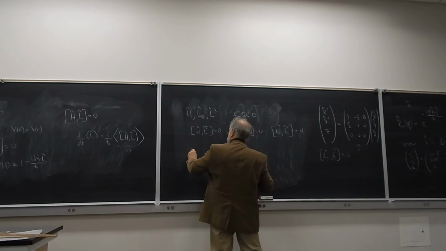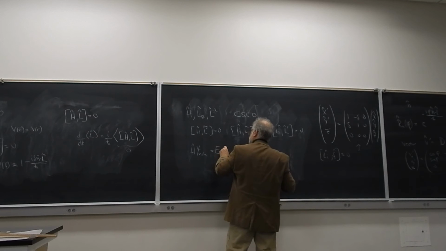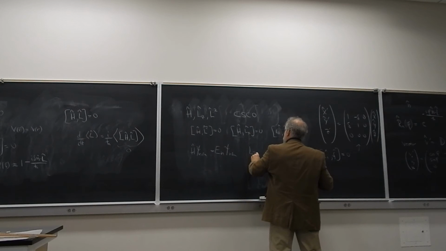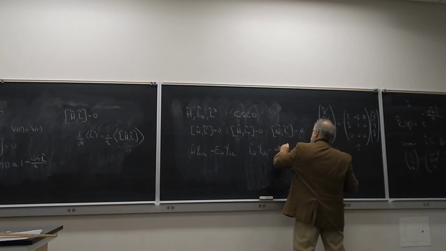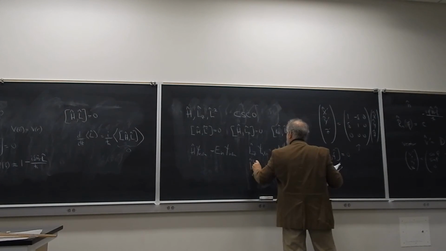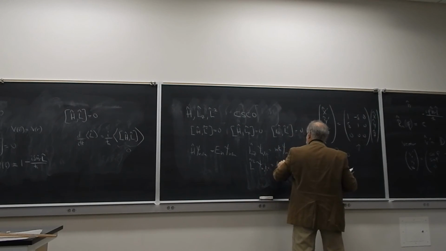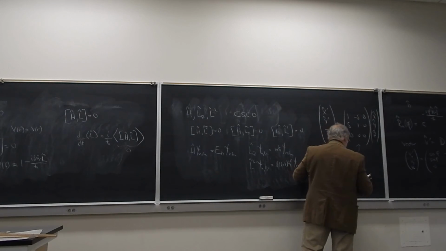What that means then is H applied to the wave function psi_nlm is equal to E_n psi_nlm, the Schrodinger equation. L_z applied to psi_nlm gives me m h bar psi_nlm, and of course L squared applied to psi_nlm gives me l(l+1) h bar squared times psi_nlm.